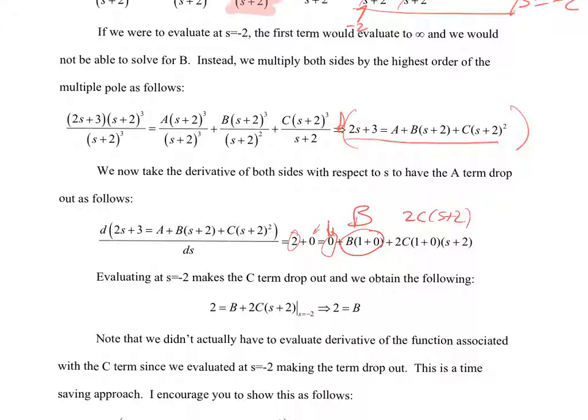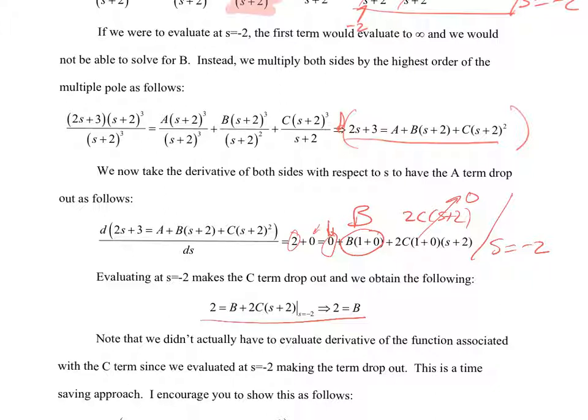Remember, when I have a higher order power, I only want to solve for B, not C. So if I still evaluate at that root, which is negative 2, doesn't the C term go to 0? So if I evaluate at negative 2, the only term I'm left with is B. And so B equals 2.